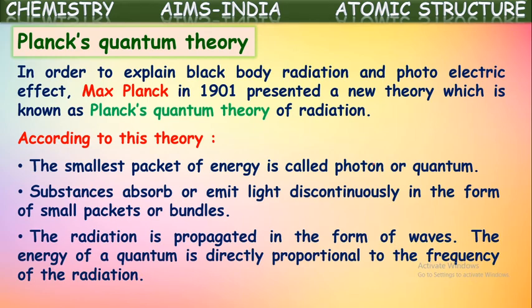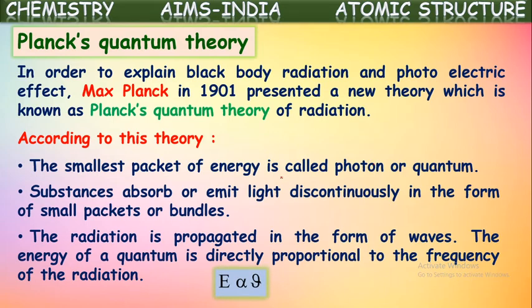The radiation is propagated in the form of waves. The energy of a quantum is directly proportional to the frequency of the radiation. Yes, radiation is propagated in the form of waves. As it is of wave nature, its energy is directly proportional to the frequency of that radiation.